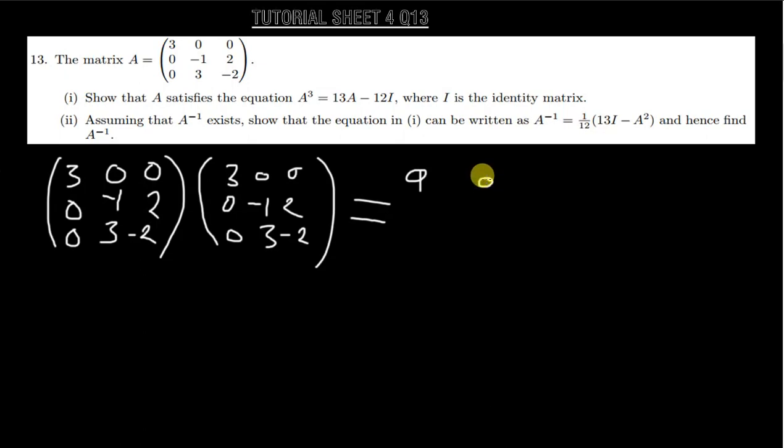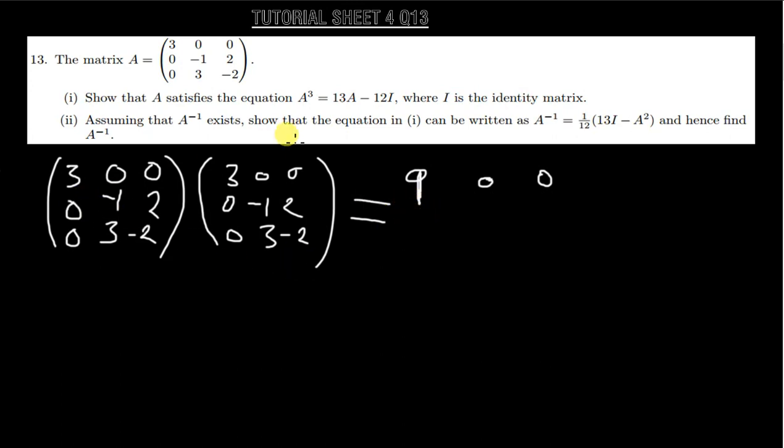So I'll just put a 0 there. Same applies to the last column there. 3 times 0 to be 0, plus 0 times 2, 0, plus 0 times negative 2, I'll still get a 0. So I'll put a 9 there, and then I move on to the next row.